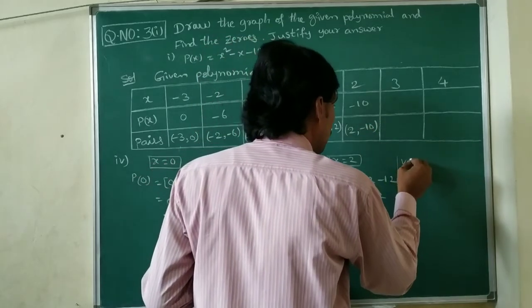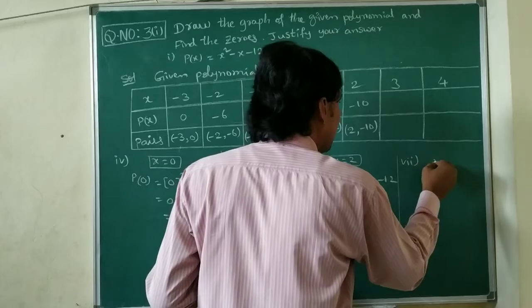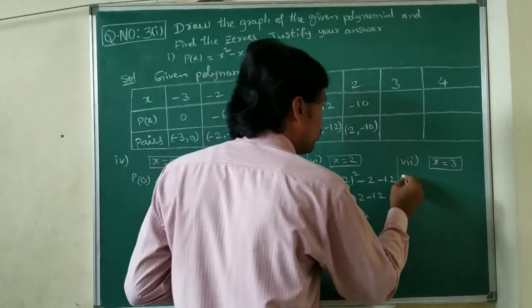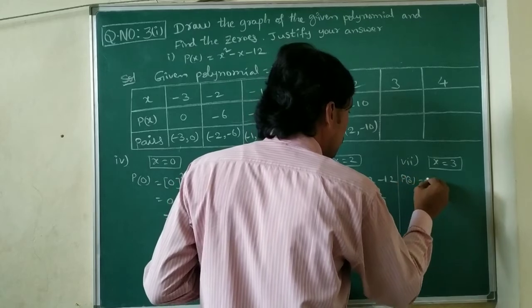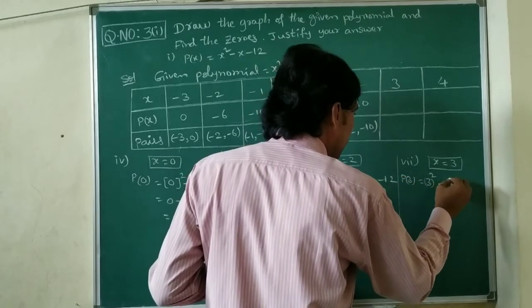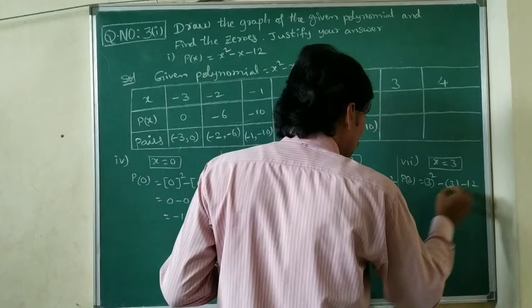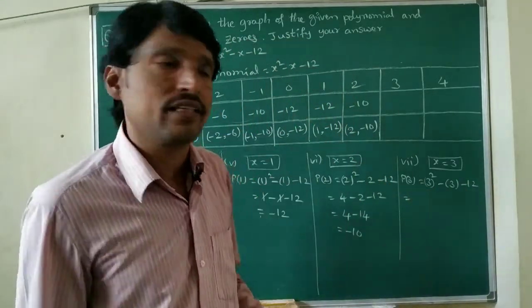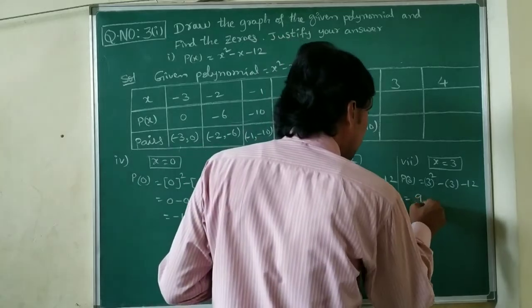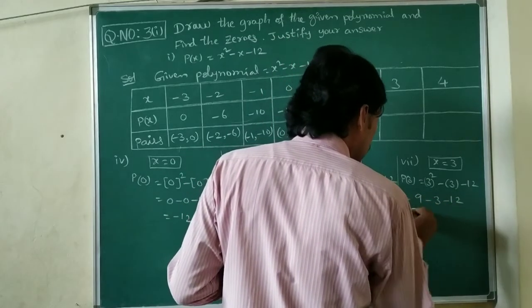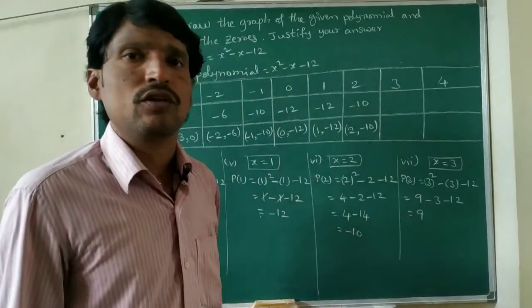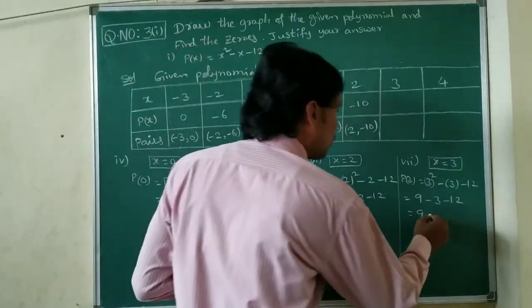Next, the seventh one, x equal to 3 you can take. So x equal to 3 means p of 3 equals 3 whole square minus 3 minus 12. 3 whole square means 3 into 3, that is 9. 9 minus 3 minus 12. Both are the same sign, so we can add them, and we get minus 15.